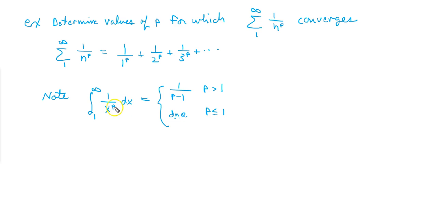So remember, if we put 2 in here for p, for example, then the integral from 1 to infinity of 1 over x squared dx equals 1 over 2 minus 1, or just 1. So, because of this and the integral test, we now see that this quantity up here will converge for p larger than 1, and it will diverge for p less than or equal to 1.